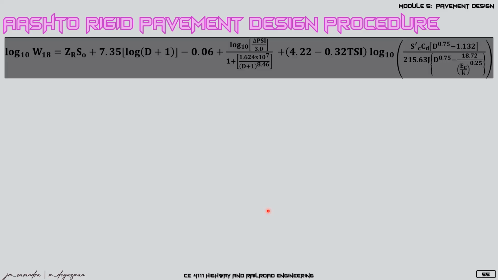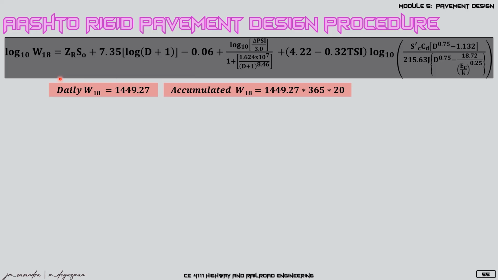From using this rigid pavement design equation, we were able to solve our daily W18 as 1448.29. We need to get the accumulated W18 by simply multiplying the daily traffic by 365 times the design life, which is 10,579,671.